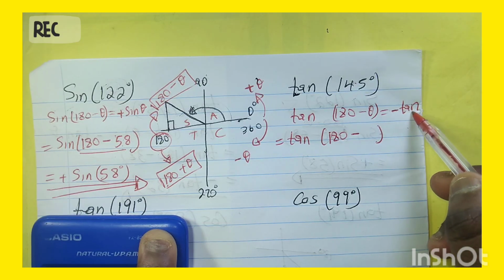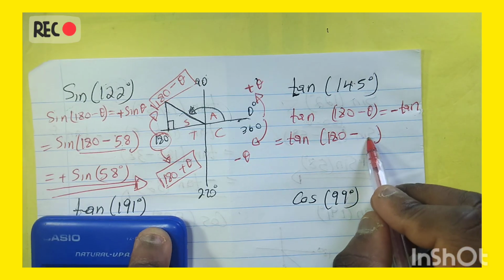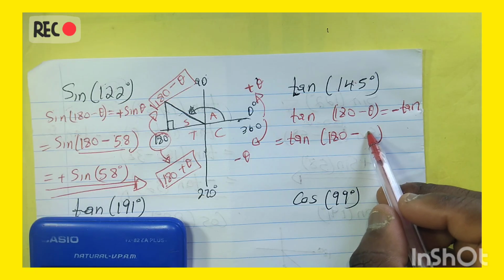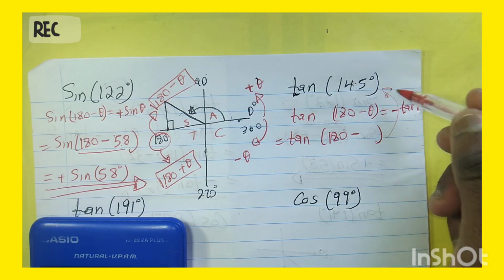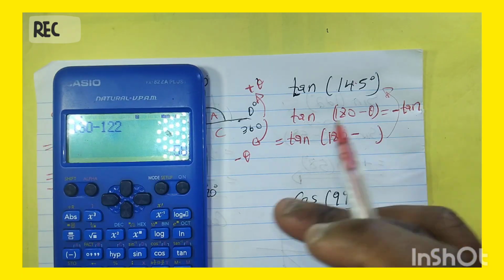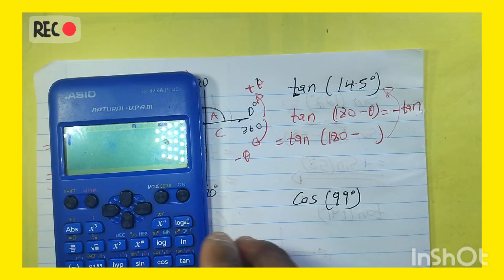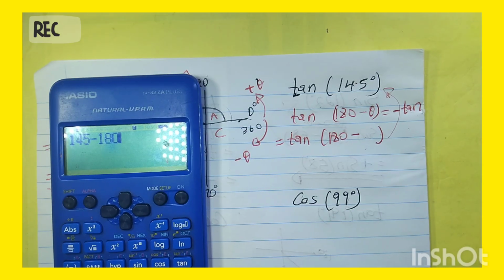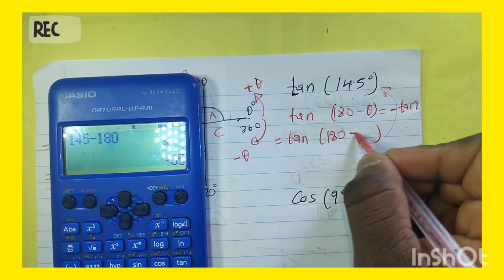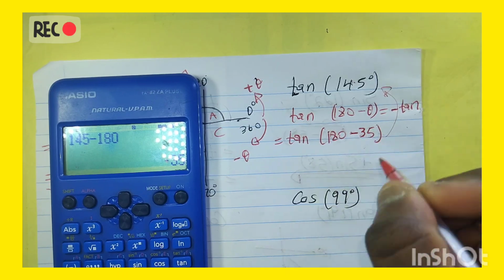Then write the angle. So now I should find out what number I can put there, which when I subtract it from 180, I should get this. To find that number, this is what I will do: I'll just say 180, top minus below, this minus this. So there I'll get 35.